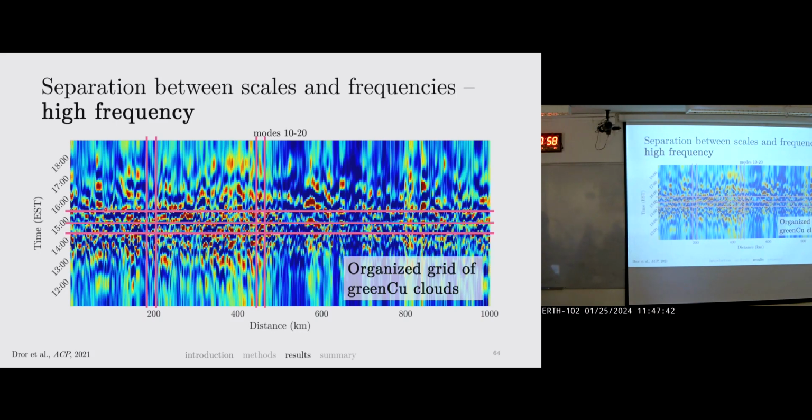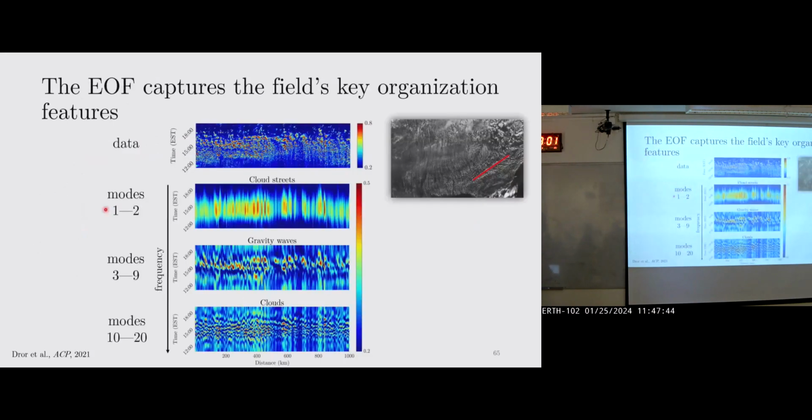So just compiling all of this information from the EOF analysis, we were able to infer some physical insights from the mathematical decompositions. We managed to separate the frequencies: these lower frequency cloud streets, the gravity waves that pass through the field, one, two, maybe three gravity waves in the afternoon, and the actual clouds themselves forming during the day in a very organized way.